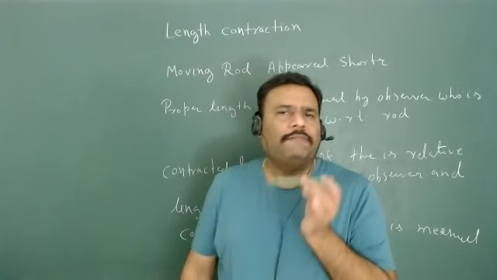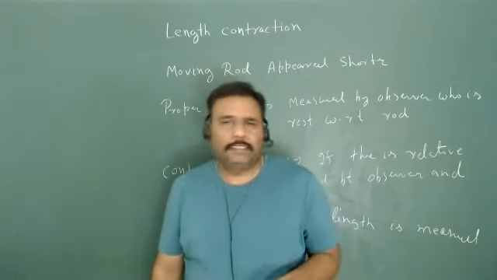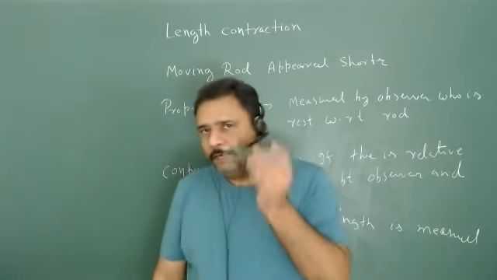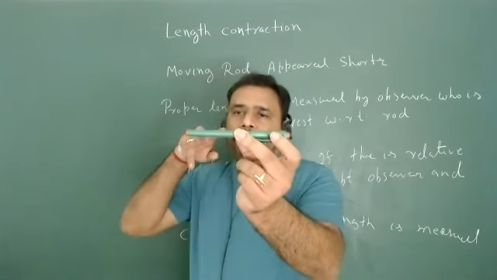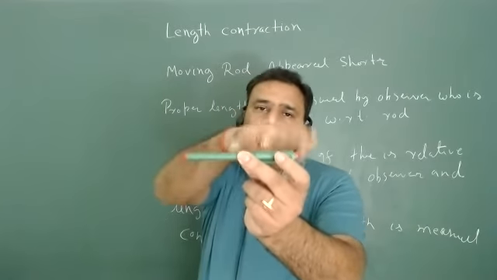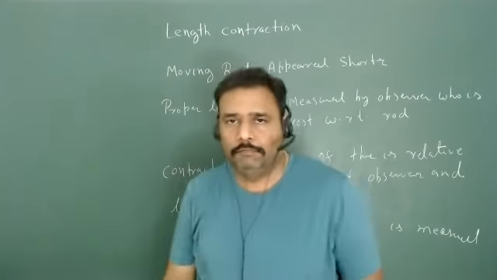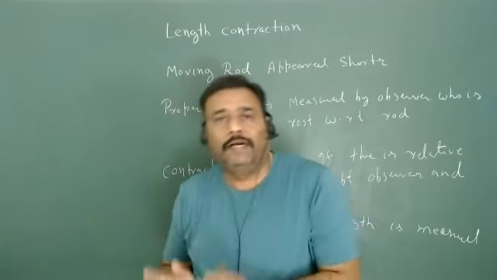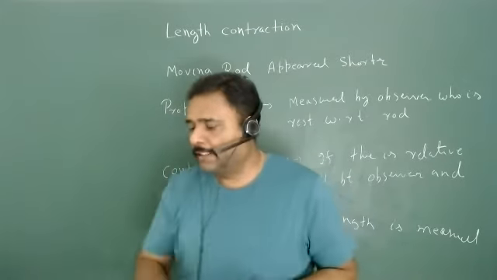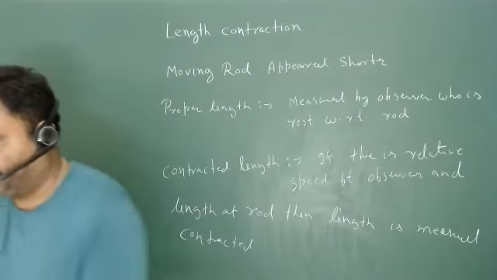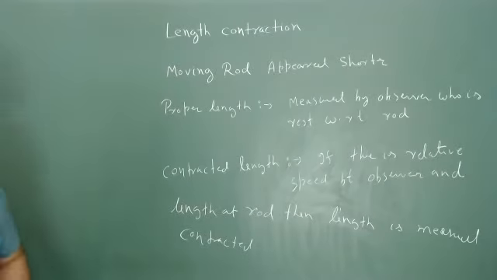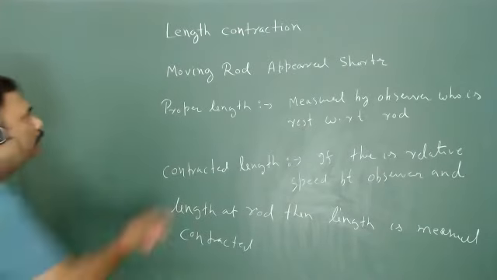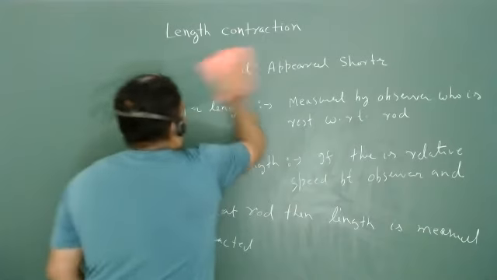It's a very practical phenomenon. If I want to see this length, then I have to see both points at the same time. That is one of the most important things in defining the proper length. So let's go and give the derivation. Is it clear up to here, everyone? Okay.